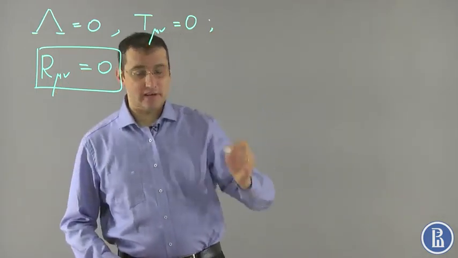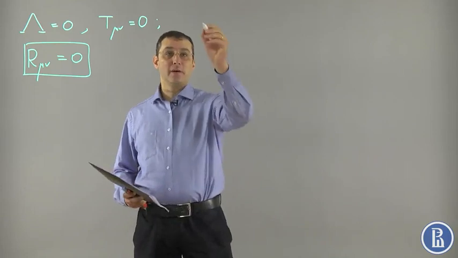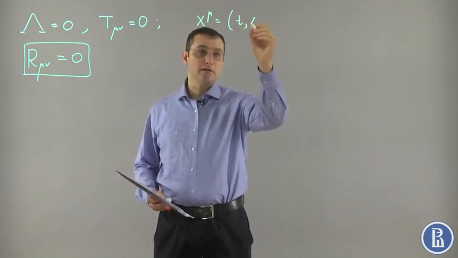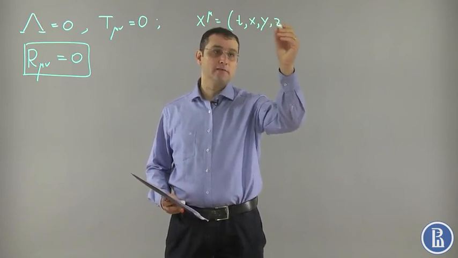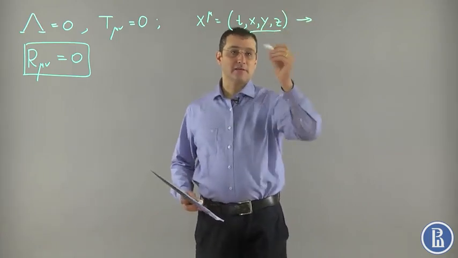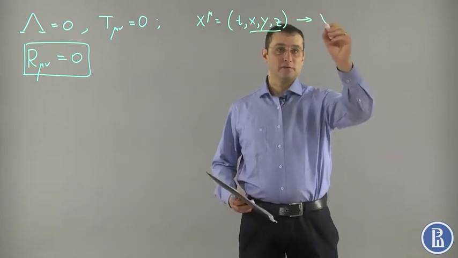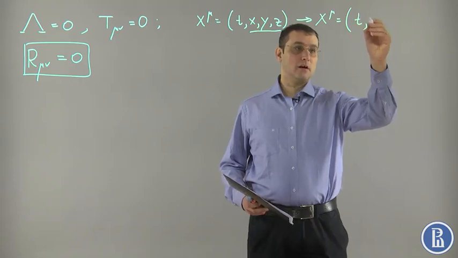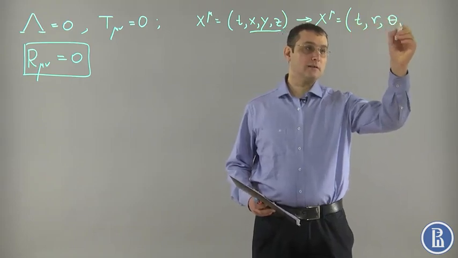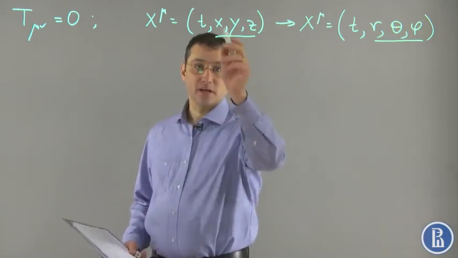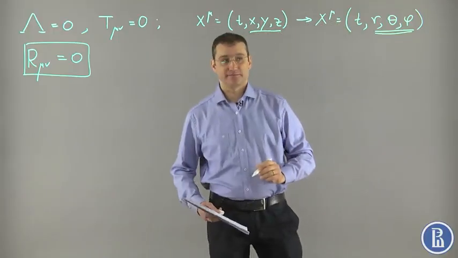And to consider a spherically symmetric solution, instead of using Cartesian coordinates, which are t, x, y, z, it is convenient to use spherical coordinates in the spatial part. So we're going to use these coordinates, t, r, theta, and phi. These are the standard spherical coordinates in three-dimensional space.